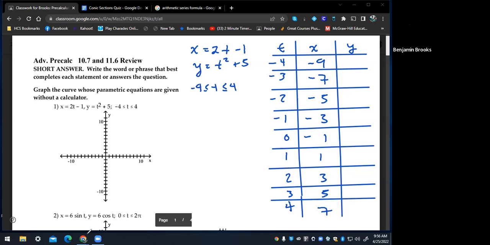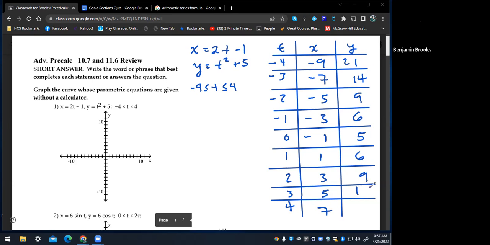Now with the y value, we're going to square and then add. So we're going to square -4, which gives you +16, plus 5 is 21. -3 squared gives you +9, plus 5 is 14. -2 gives you +4 plus 5 is 9. -1 gives you +1 plus 5 is 6. 0 gives you 5. 1 gives you 6. 2 gives you 9.